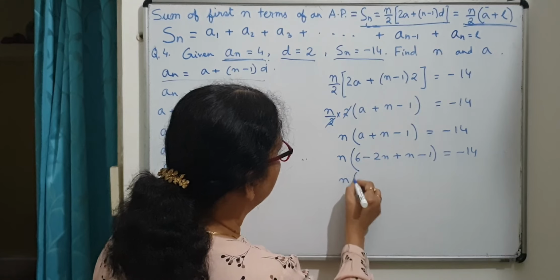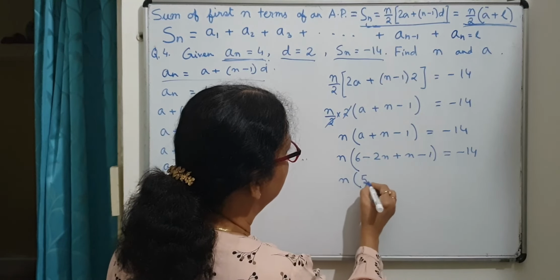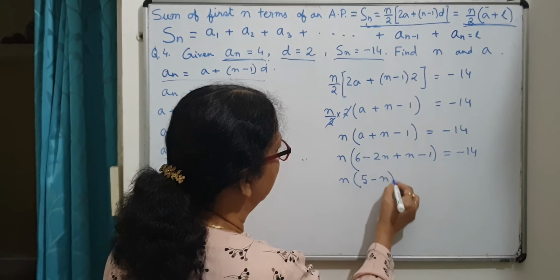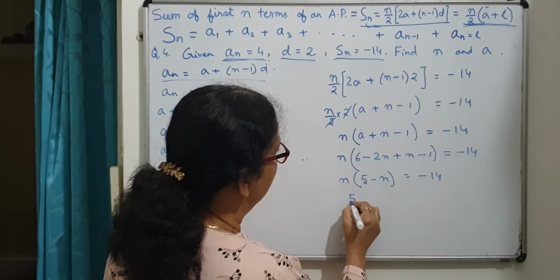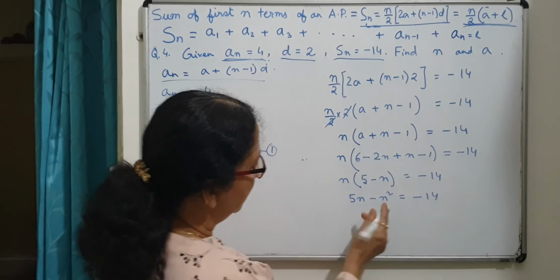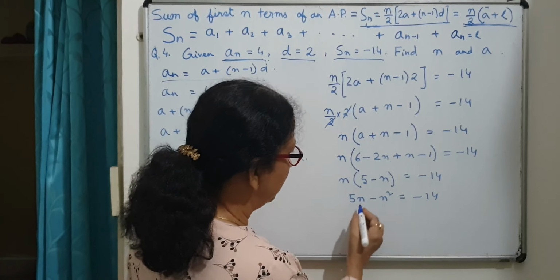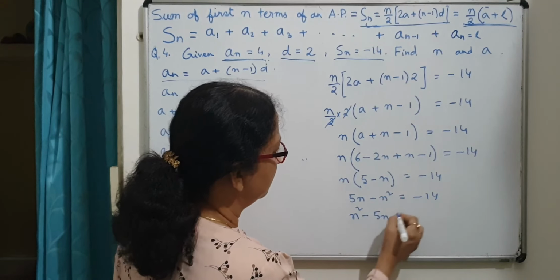So n into, let me simplify, 6 minus 1 is 5 and minus n, is minus 14. If I open it, 5n minus n square is minus 14. Let me take both to that side, so n square will become plus and this will become minus 5n, and plus 14.